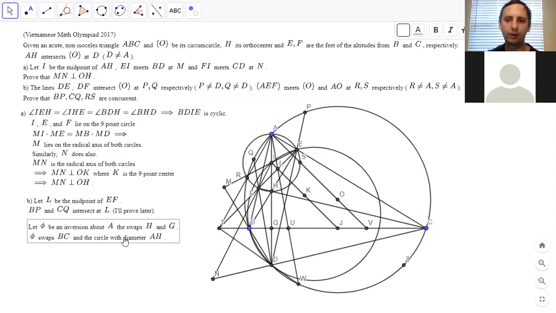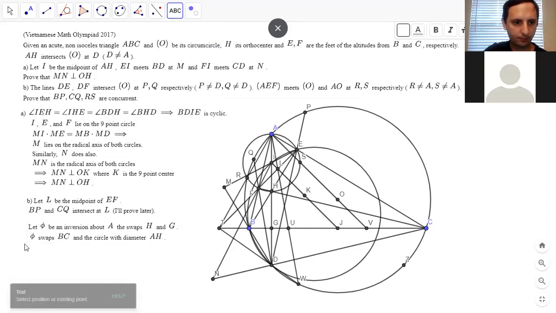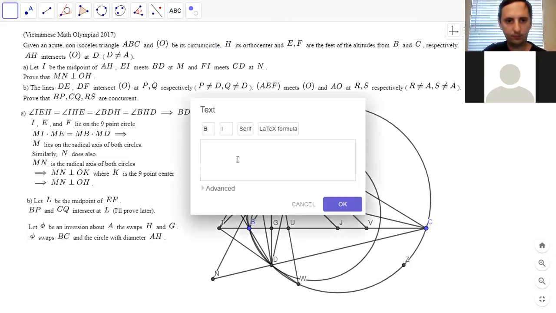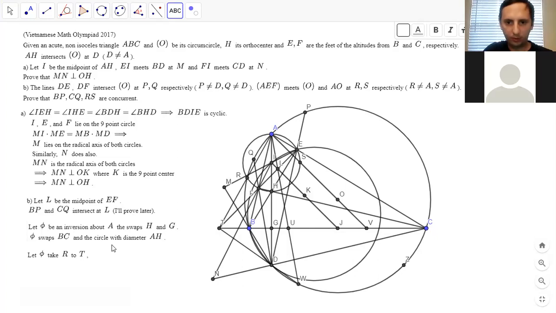Oh, because inversion of a line passes through the point at infinity, so the inversion would go through A. So phi takes R to T, L to W, and S to V.